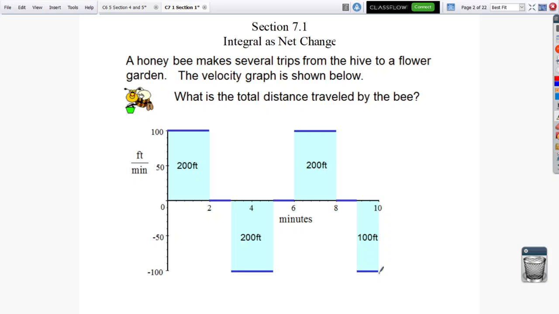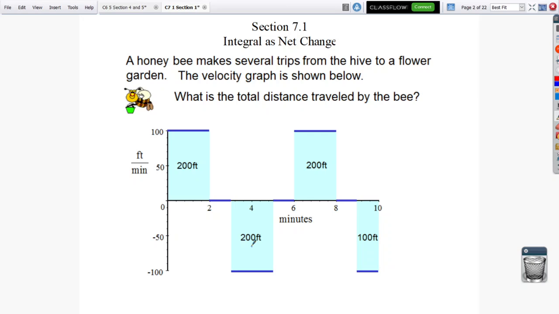So in order to find the distance, what we need to acknowledge is that it doesn't matter whether you're going forward or backward. It doesn't matter that this is 200 feet in the forward direction because we have this positive velocity. It does not matter that this is going 200 feet in the reverse direction because we have a negative velocity.